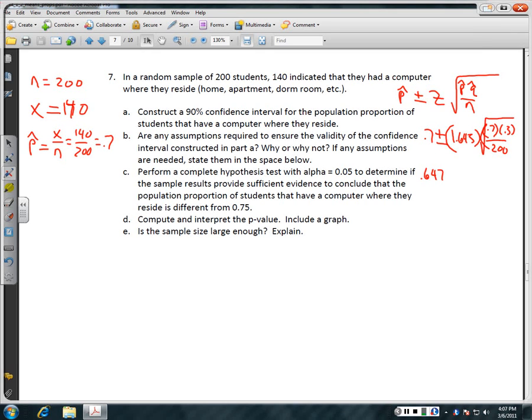That's 0.646695. So that's subtracting. So I'm going to do the same thing, but this time I'm going to add the margin of error, 0.753. So that is our 90% confidence interval. Statistic plus or minus confidence coefficient times standard error.